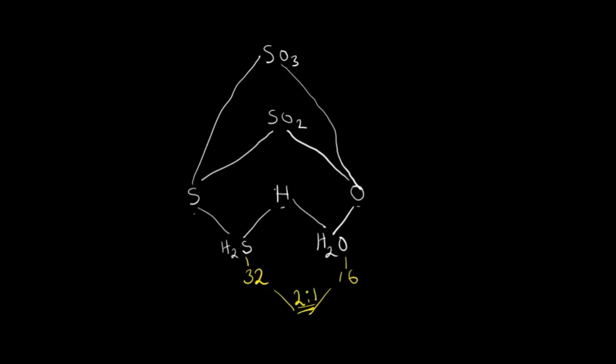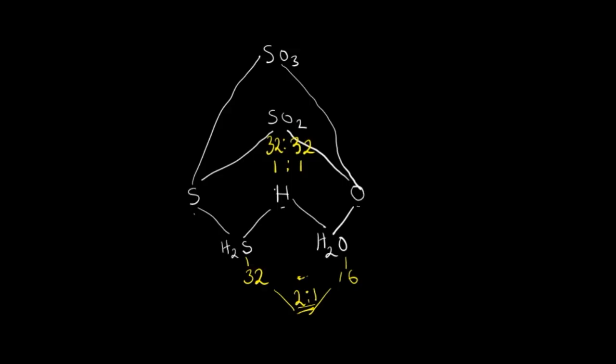So the next thing, what is the atomic mass of sulfur? 32. What's the atomic mass of oxygen? 16 times 2 is what? 32. That is 1:1. You can see that 1:1 is not the same as 2:1, but it is a multiple of 2:1. So the law of reciprocal proportion holds.